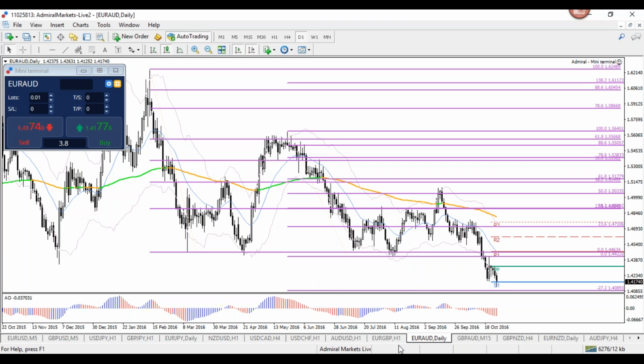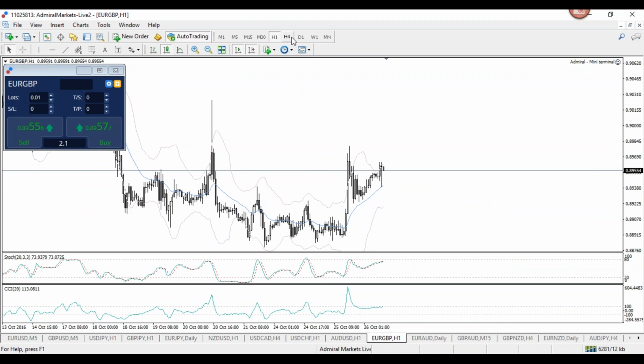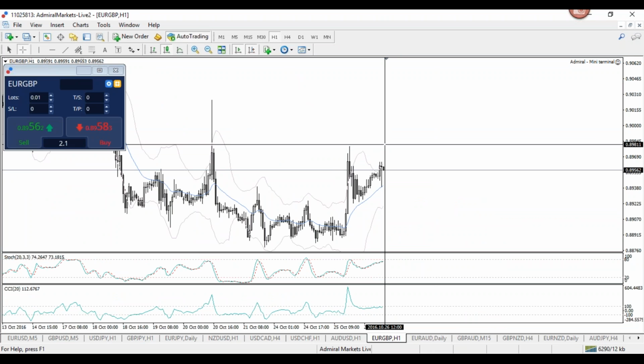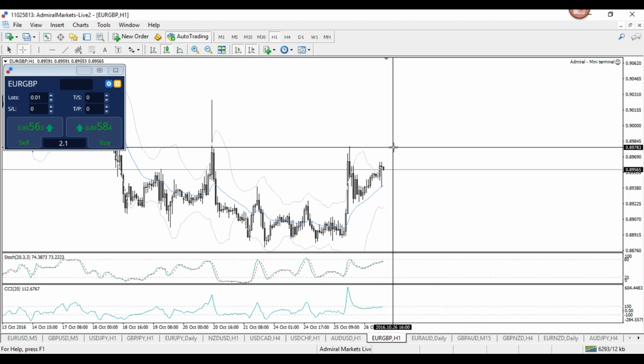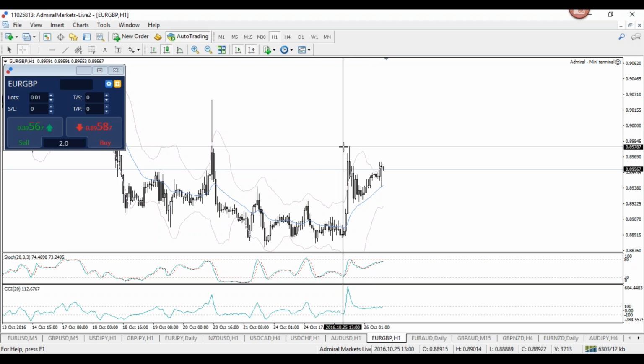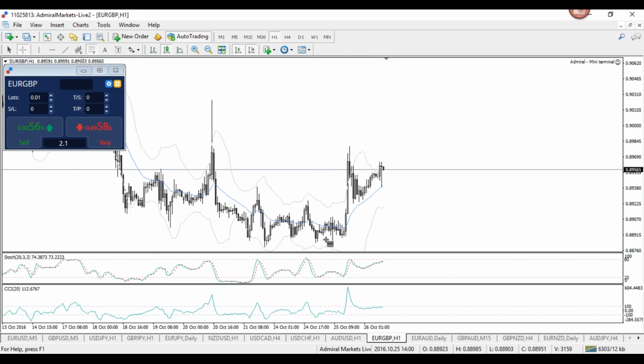Shorts at 89.80 on the euro pound. Double top, maybe double top. It's possible, of course. I wouldn't be surprised if it actually breaks the top a bit.